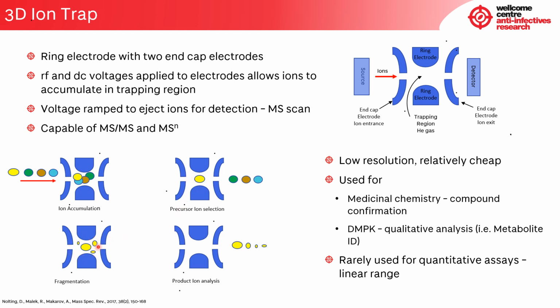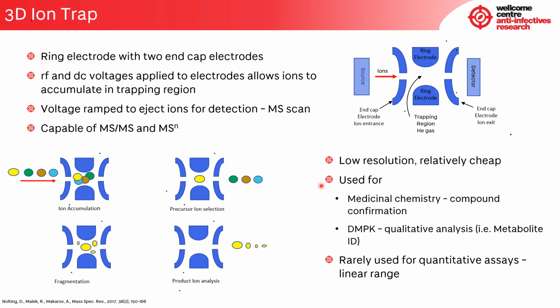This is then fragmented in the trapping region before voltages again applied to the electrodes cause the fragments to be ejected from the trap to produce a product ion spectrum. It's also possible to withhold one of the fragments and do a further stage of fragmentation on that to give us the MS to the N operation.